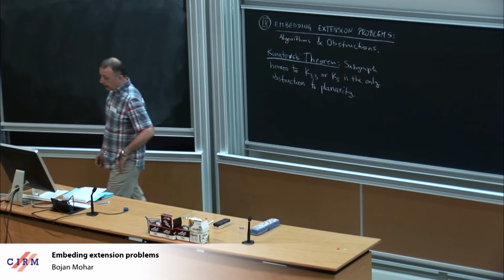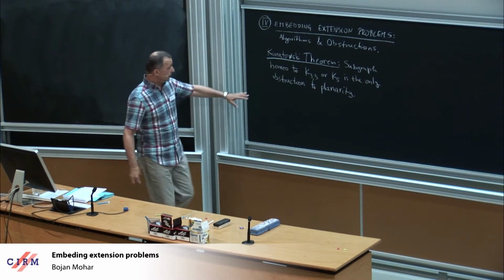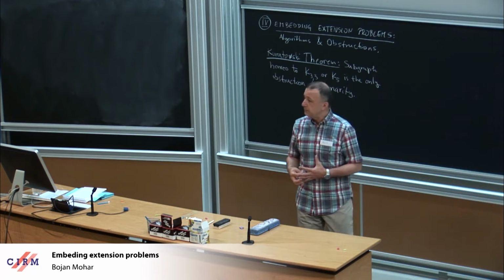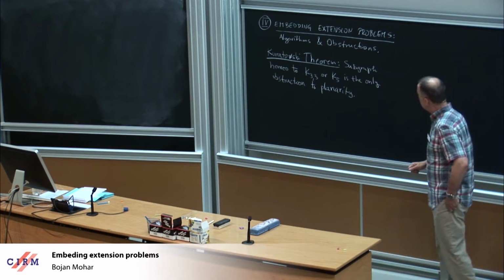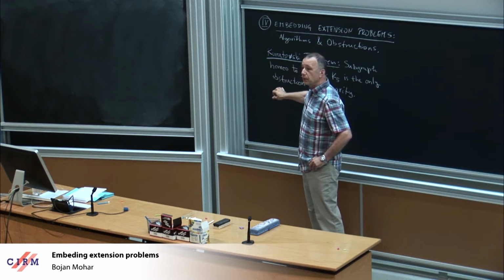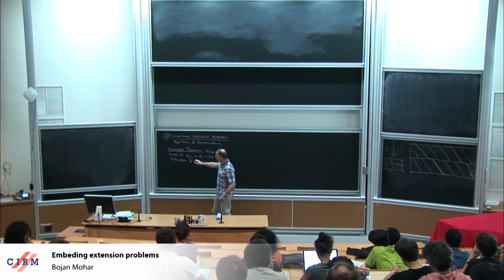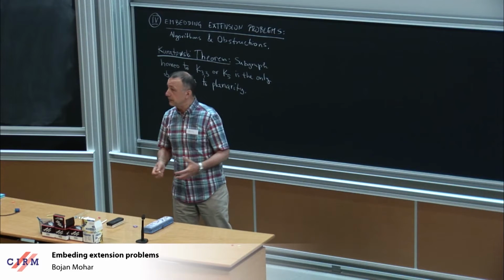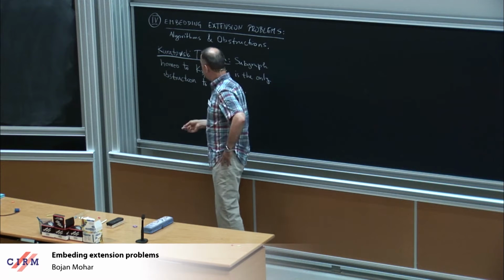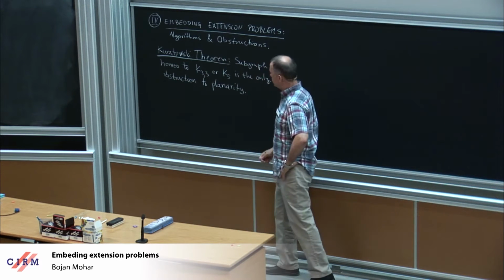Now, the word obstruction means that it prevents us from embedding the graph in the plane, and at the same time I mean a minimal obstruction. If you delete any point or any edge from such a subdivision, the subdivision itself would be embeddable in the plane and would no longer confirm that the graph is not planar.